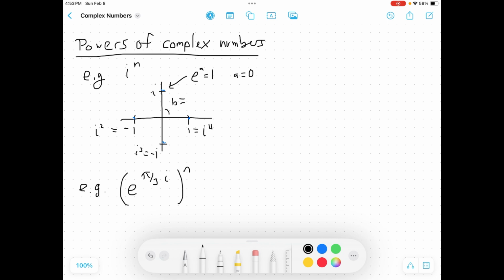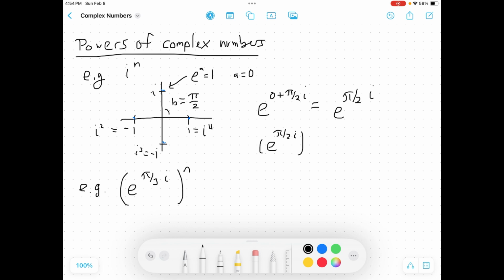The angle to get to i is going to be pi over 2. So i is the same thing as e to the 0 plus i times pi over 2. So that's going to be e to the pi over 2 i.